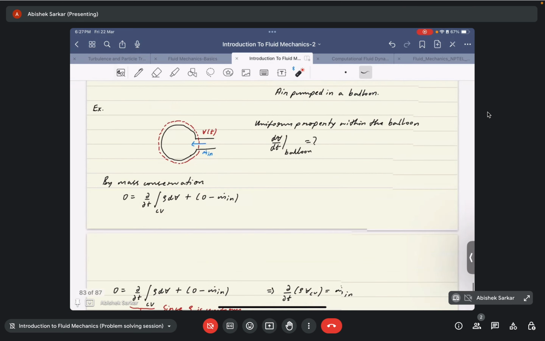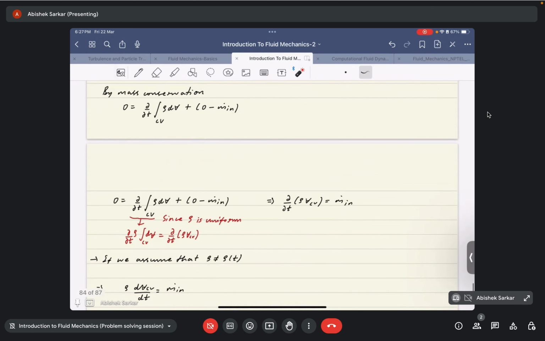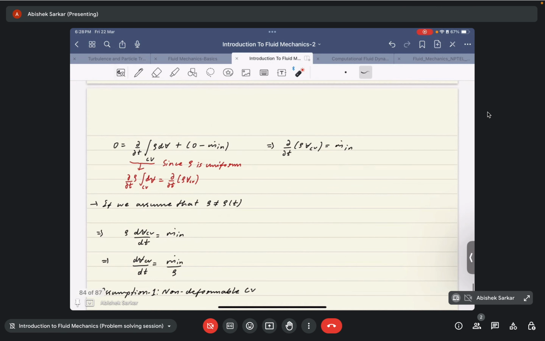So we have that. Now we can try to see how we can simplify this equation even further. If we assume that the density rho is not a function of time, that it's uniform or constant, then we can take the density out of the integral as well as the time derivative. But this assumption that density is uniform and independent of time is a very bad assumption.